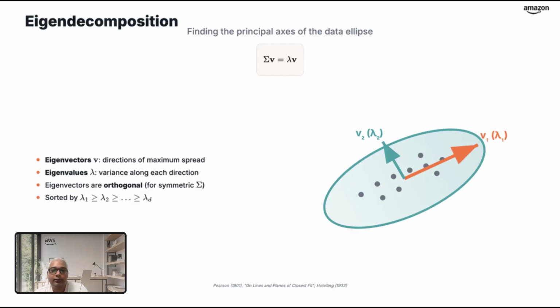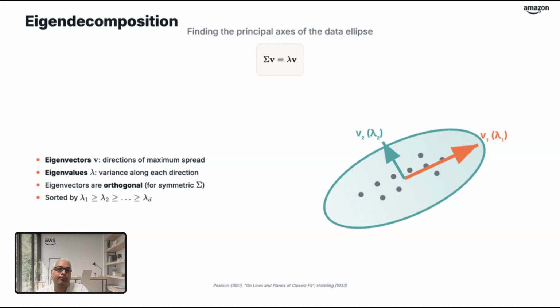And the eigenvalues lambda 1 and lambda 2 are capturing the variance in those directions. By construction, the eigenvalue corresponding to the first principal component would be the highest.